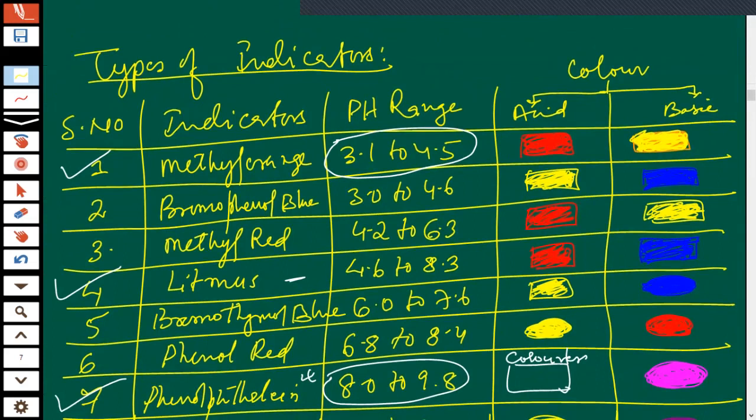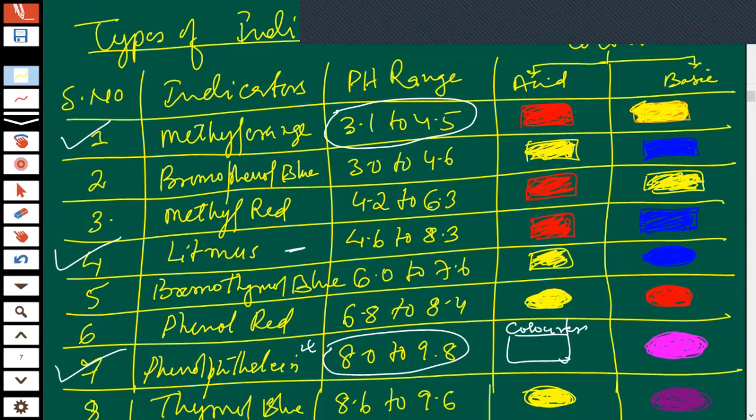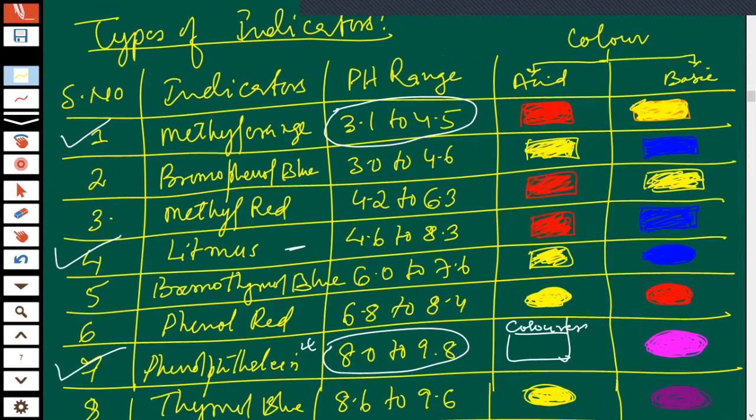Now there are some types of indicators, children. First, you have to know the names of indicators, their colors in acidic medium and basic medium, and then their range, and after that why they are working in that particular range, that is a different question.